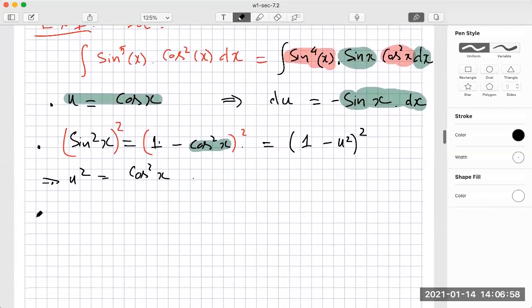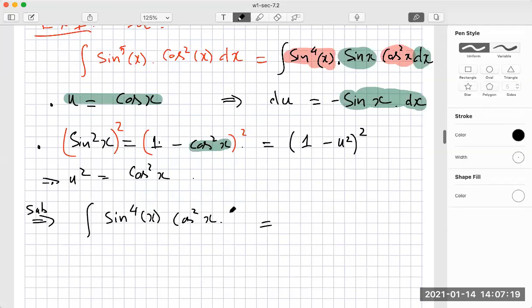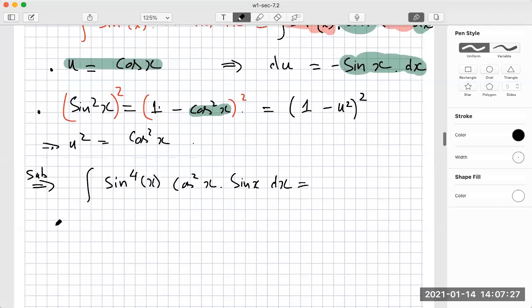Now, substitution tells us that we can write the integral of sine to the fifth of x cosine squared x dx, yeah, let us write it this way, sine to the fourth. Now we replace everything here.